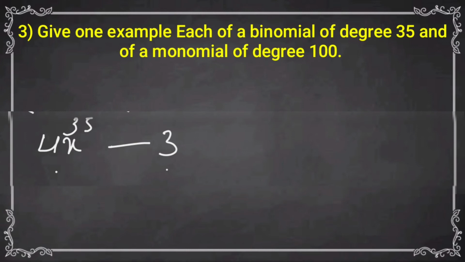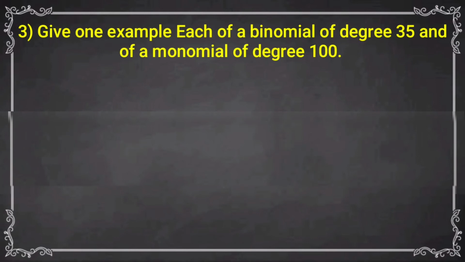This is one example. Another one they asked is a monomial of degree 100. So 5y to the power 100. This is a monomial, only one term is there, and the degree is 100. This is what the third main asked, two examples.